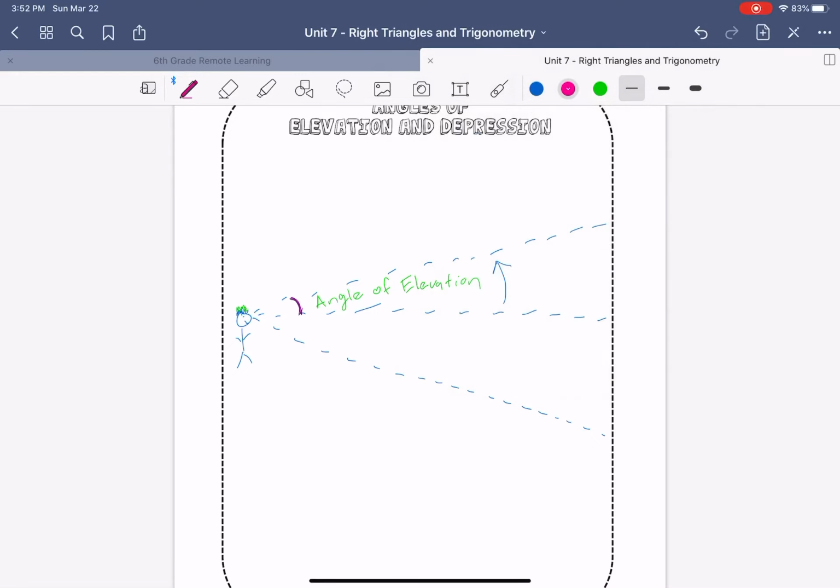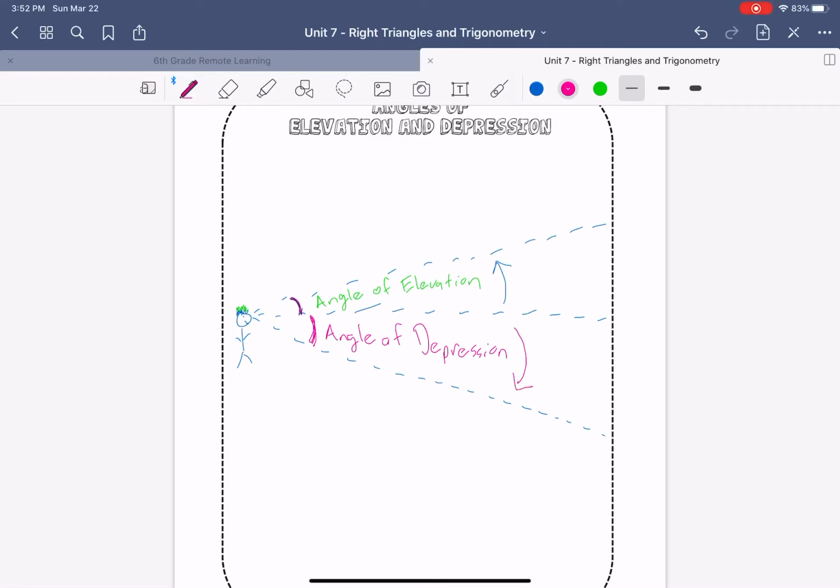We'll do a pink. This is our angle of depression because we're going from our default horizontal and we're looking down at something.